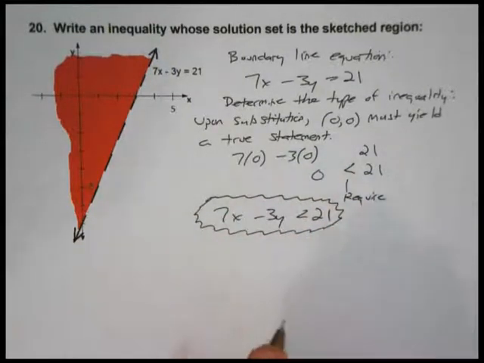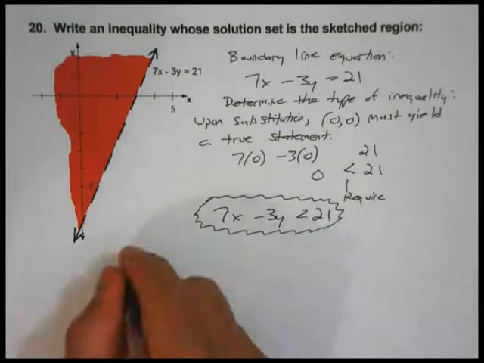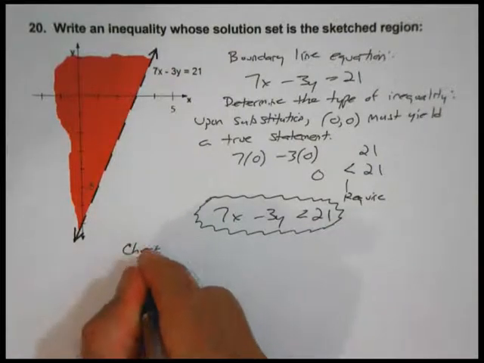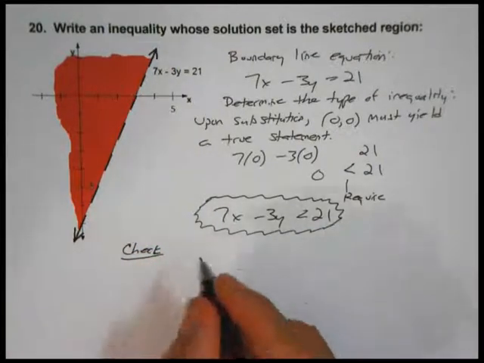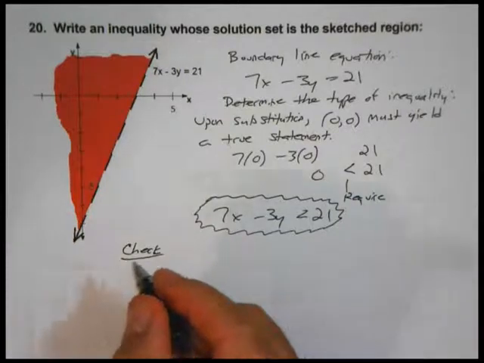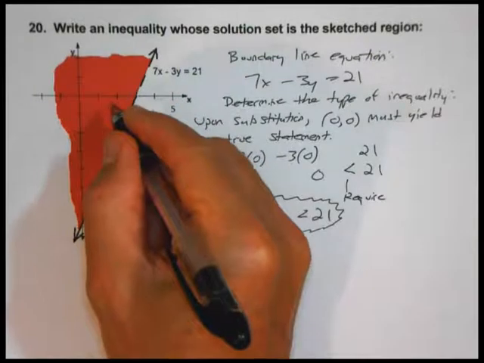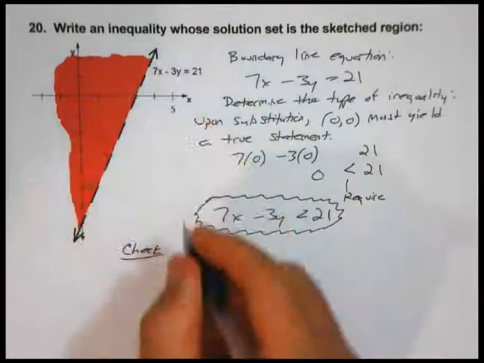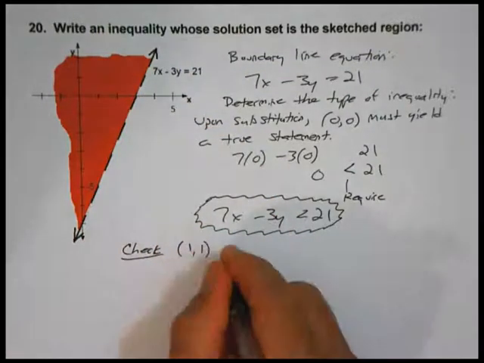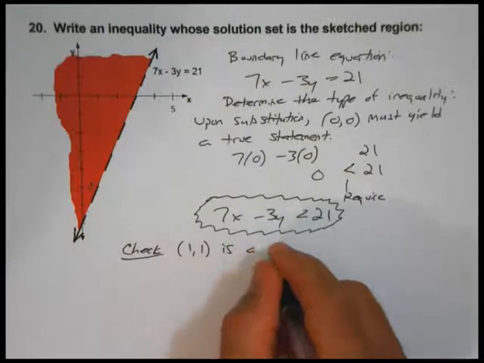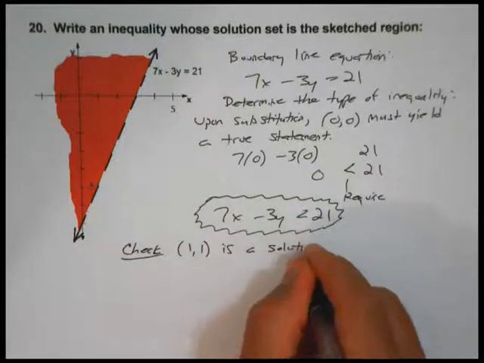Now, let's not be too hasty. Let's check over our work. Okay, for a check, let's take a point that's in the solution set here. How about 1, 1? 1, 1 is a solution. It's in the shaded region.